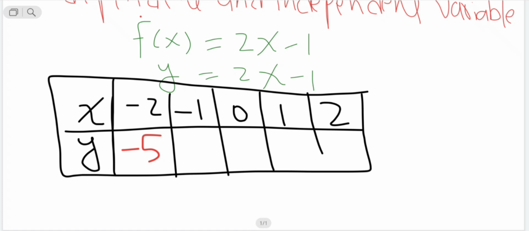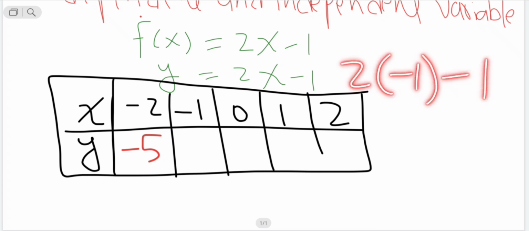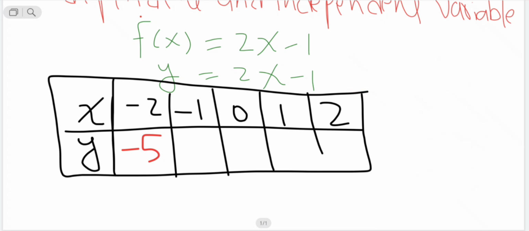The next question, if x is minus 1, meaning we replace x with minus 1, then 2 multiply minus 1 is minus 2, minus 1, that is equal to minus 3. So if x is minus 1, y is minus 3.